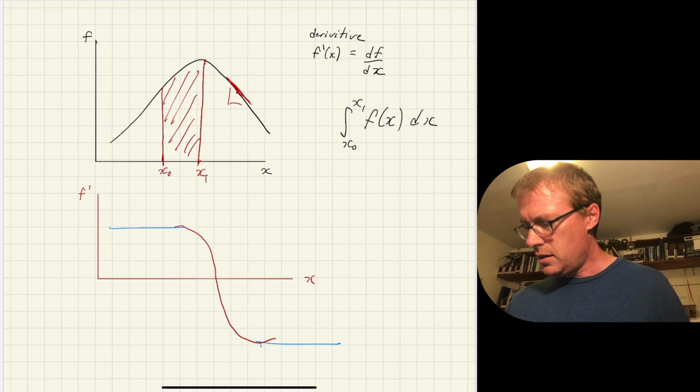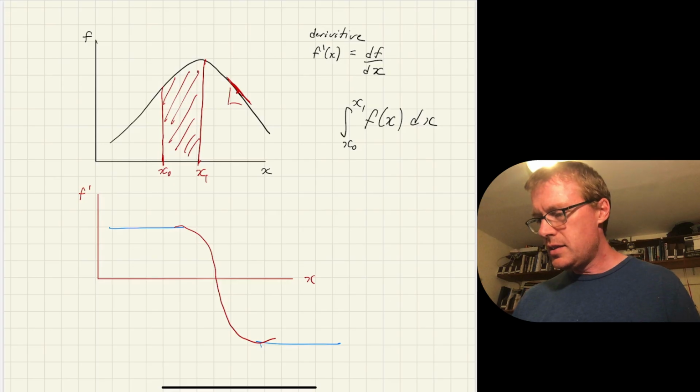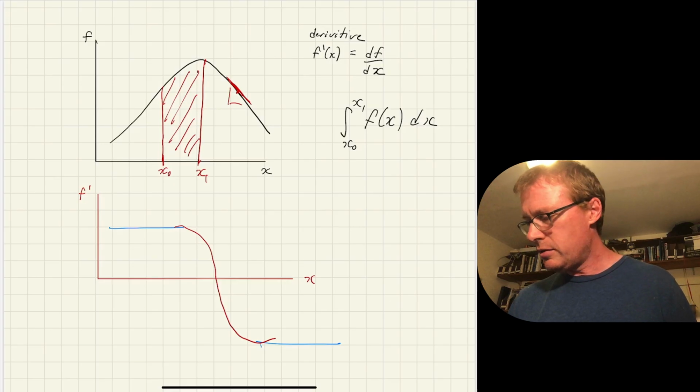And this symbol here simply means that area.